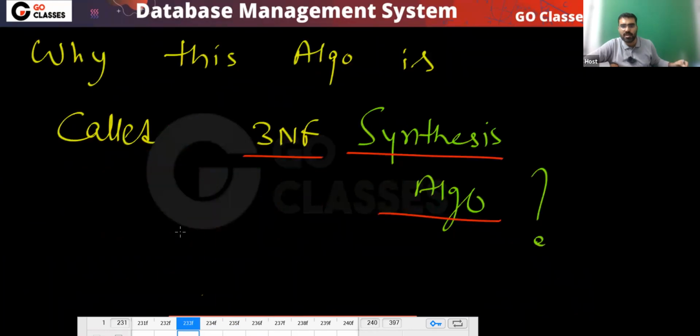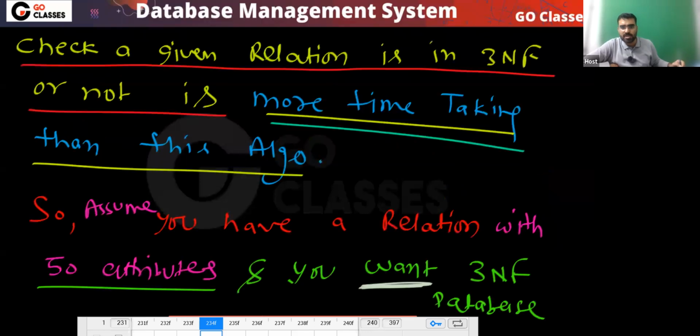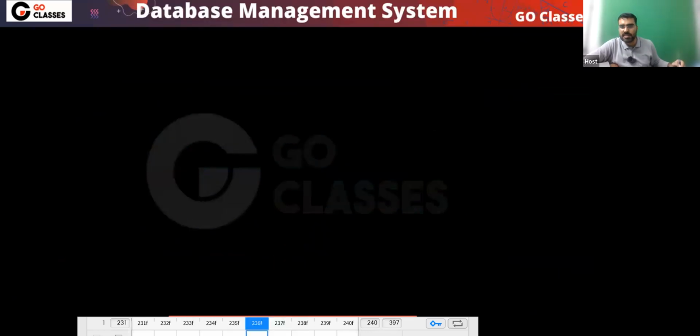Is this clear to everyone? Why is this called the synthesis algorithm? Is this point clear? This algorithm does not care whether the initial relation is in 3NF or not.